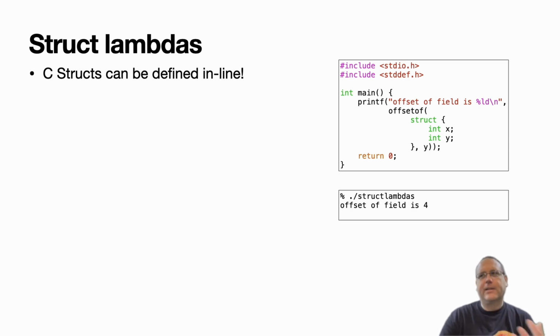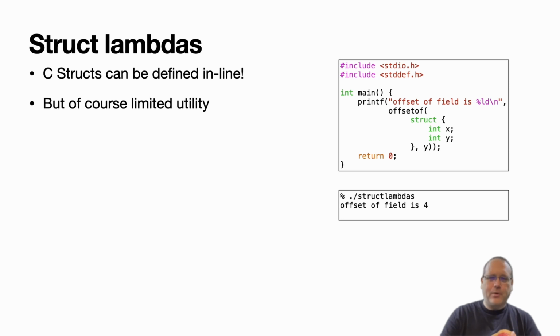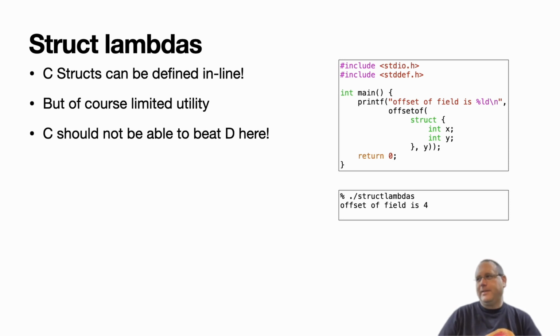It's not exactly an expression, but it can be a type that continues a declaration, right? But of course, we're in C, so it's of limited utility. This is probably one of the only ways you can do that. And C should not be able to beat D here. That's my opinion. We should not be playing second fiddle to any metaprogramming that C can do.